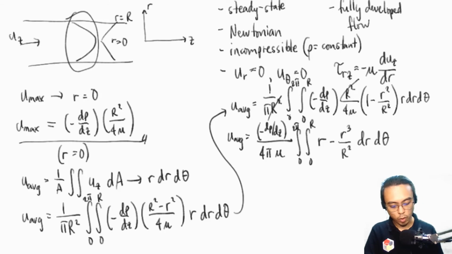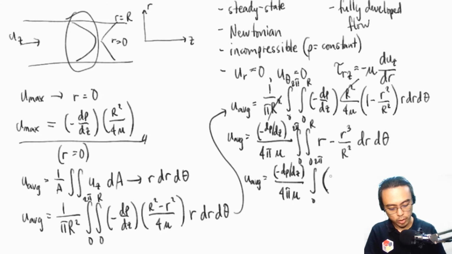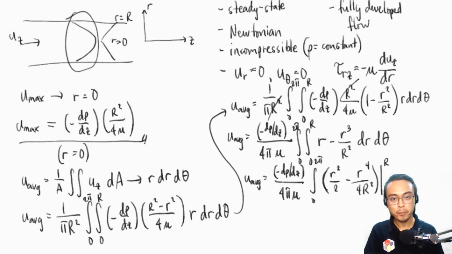The integral of r minus r cubed over R squared dr is small r squared over 2 minus small r to the fourth over 4 big R squared, with limits of integration from 0 to R, d theta.